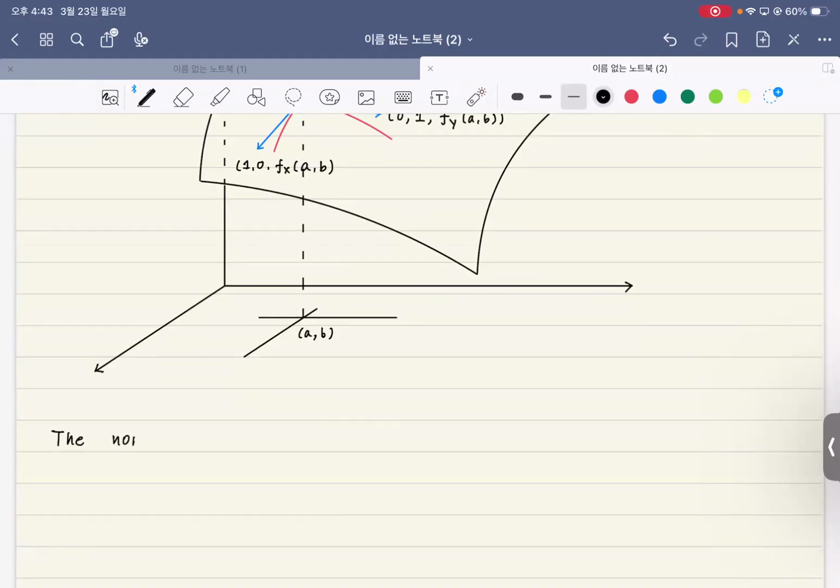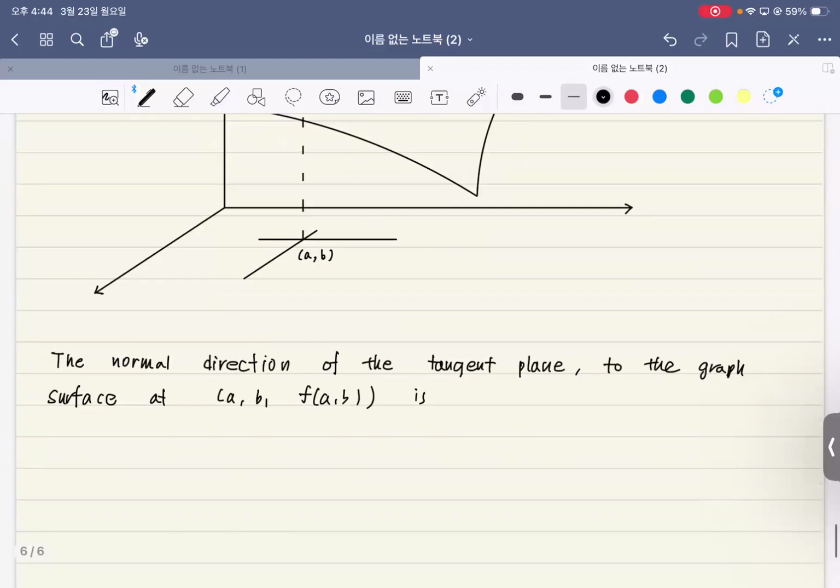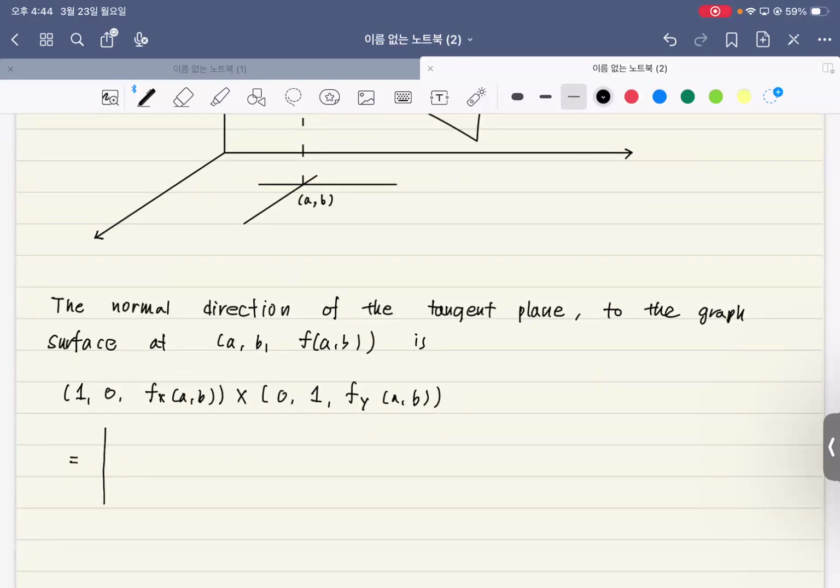So the normal direction of the tangent plane to the graph surface at (a, b, f(a, b)) is (1, 0, fx(a, b)) cross product with (0, 1, fy(a, b)).